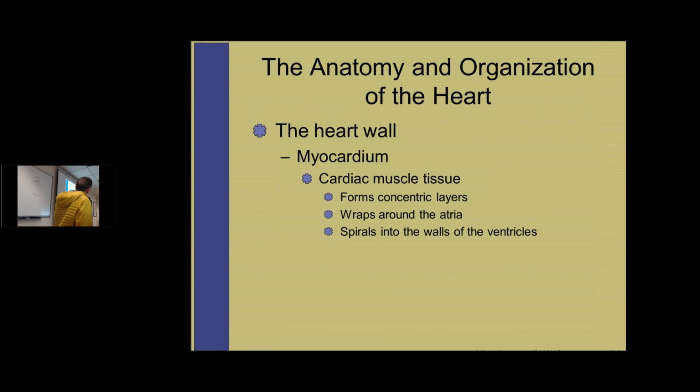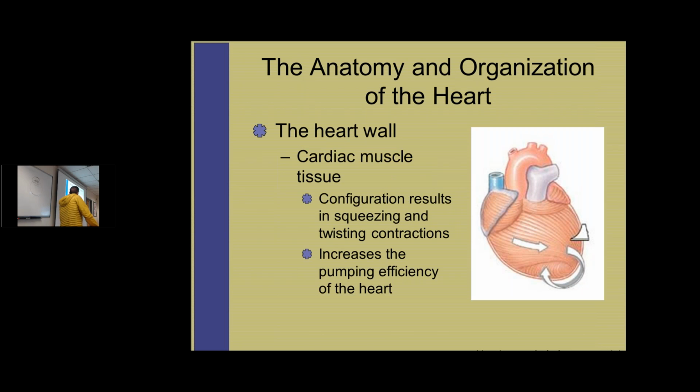So it kind of wraps around the heart in a very specific way. It's circular around the atrium, and then it spirals around the ventricles. And there's a reason for that, which enables the heart to squeeze a very specific way, to squeeze from the bottom up in a spiral motion to get the most efficient contraction and squeeze to get blood out, right? So this shows kind of a picture of how those muscles work.